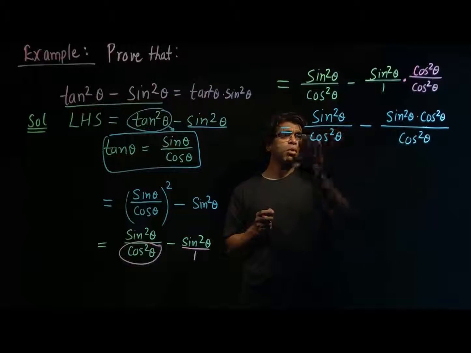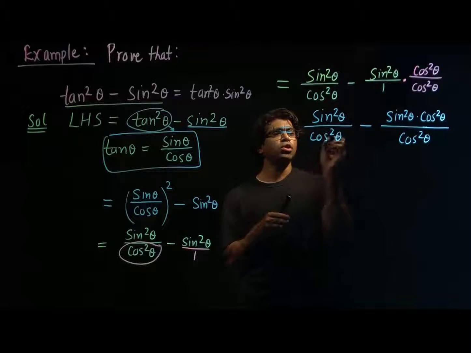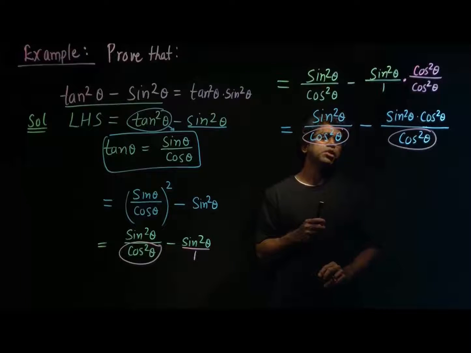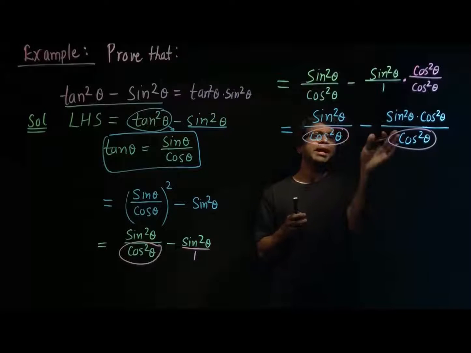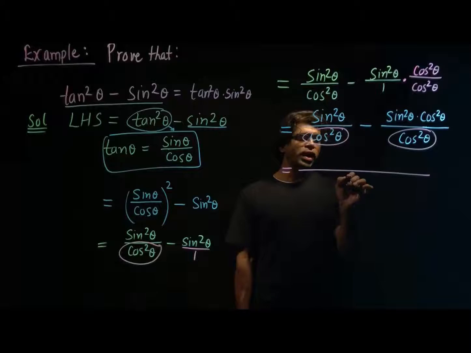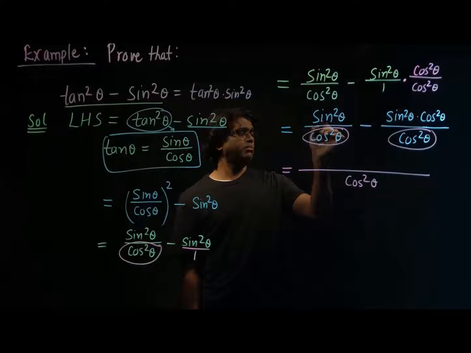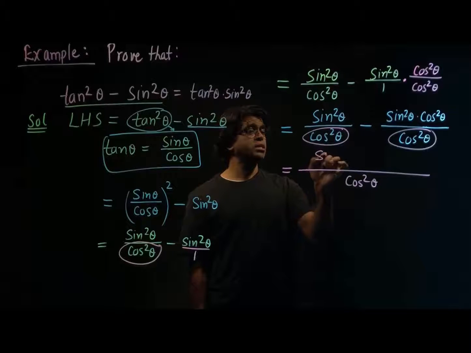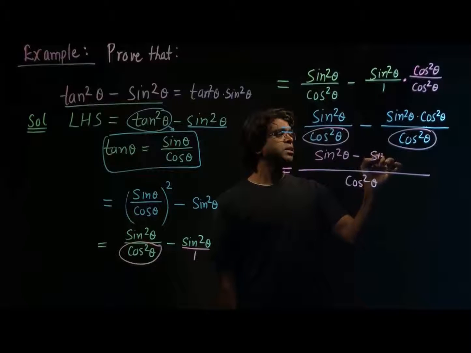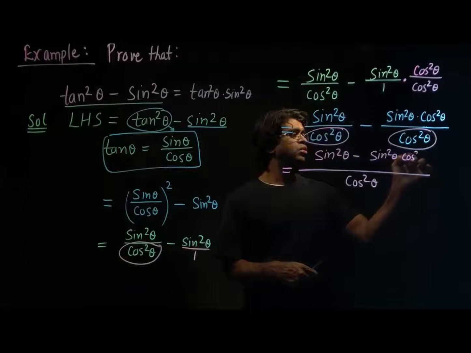Now both terms have the same denominator, cosine squared theta, so I can simply subtract these two terms. I write cosine squared theta at the denominator, and my first term is sine squared theta minus my second term, sine squared theta times cosine squared theta.